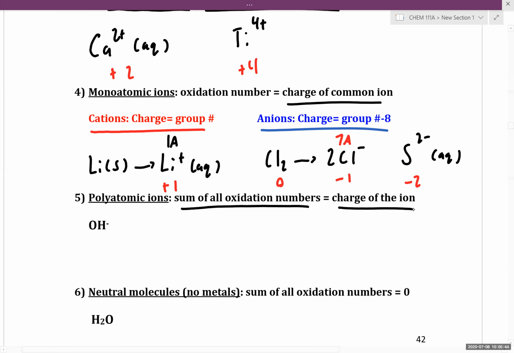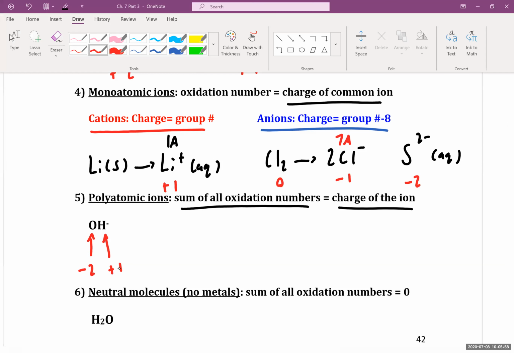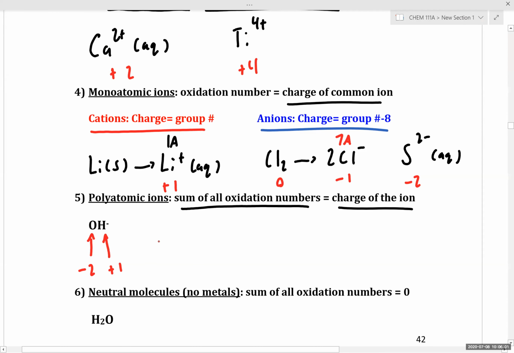So thinking about just natural oxidation number preferences, oxygen prefers to adopt a -2 oxidation number. Hydrogen prefers to adopt a +1 oxidation number. So then, if we add them together, the total charge, which is equal to -1, is equal to the oxidation number of oxygen times the number of oxygen atoms plus the oxidation number of hydrogen times the number of hydrogen atoms.